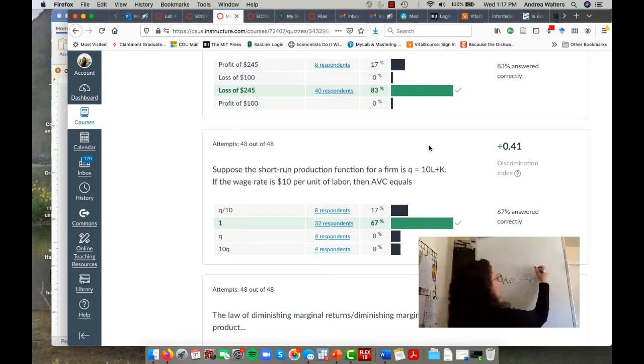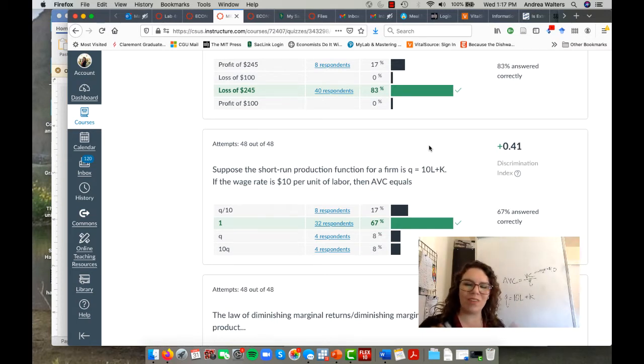If the variable cost is really just the wage, or $10, then we want to look at the production function, Q equals 10L plus K, to see how much labor we have to add to get one more unit of Q. And that's where we get the tricky part, right? When I change L by 1, 10 times 1 gives me a change in Q of 10.